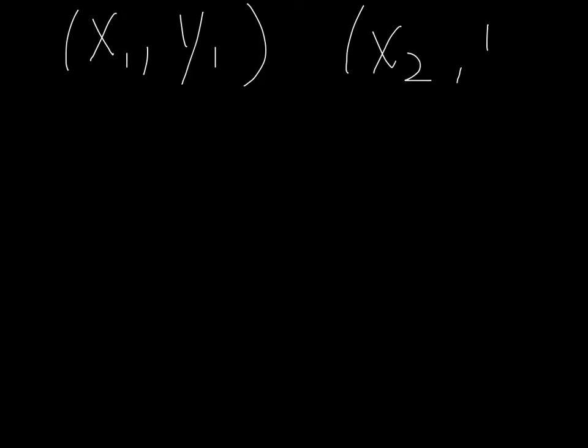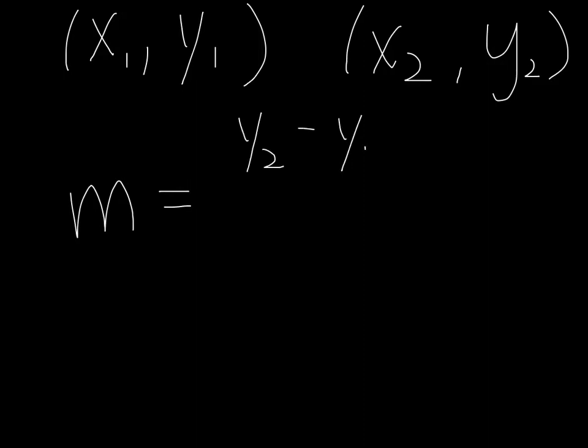So let's say you've got 2 points, x sub 1, y sub 1, and x sub 2, y sub 2. The equation to find the slope, m, between these 2 points is y sub 2 minus y sub 1 over x sub 2 minus x sub 1.